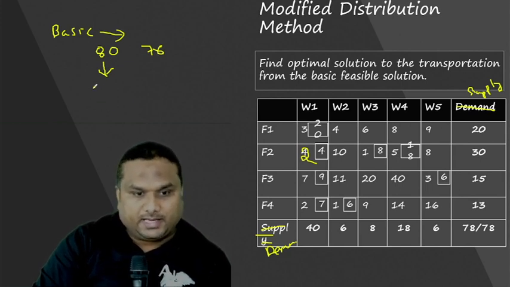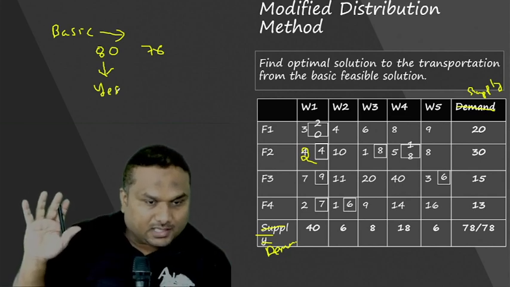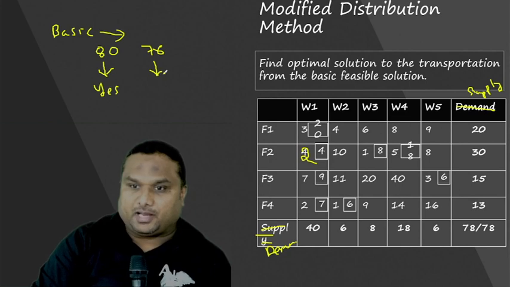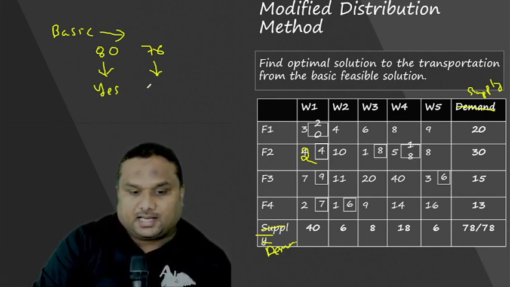Whoever got 80, it is possible to reduce the answer further. In the last question, I solved this with the help of the MS Excel solver application, and I proved that the best answer is 76.